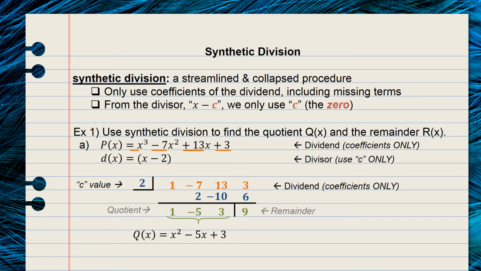Now we need to identify our remainder. Our remainder is identified as r of x equals 9. Now the question is, is x minus 2 a factor of the polynomial? And since our remainder was not 0, we would say no. X minus 2 is not a factor of the polynomial.